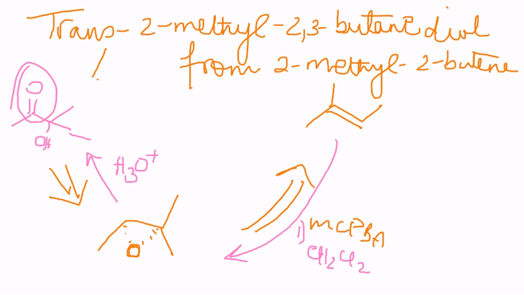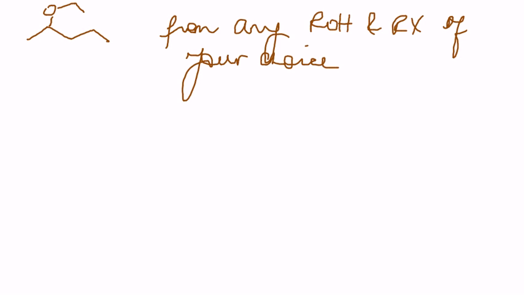All right, one of the questions that was asked was you have to synthesize this ether from your choice of alcohol or alkyl halide. So basically we are carrying out Williamson ether synthesis. And so the one thing that I said in class was you have to evaluate what's connected to the oxygen. If both of those are primary, you can use whichever alcohol, whichever alkyl halide.